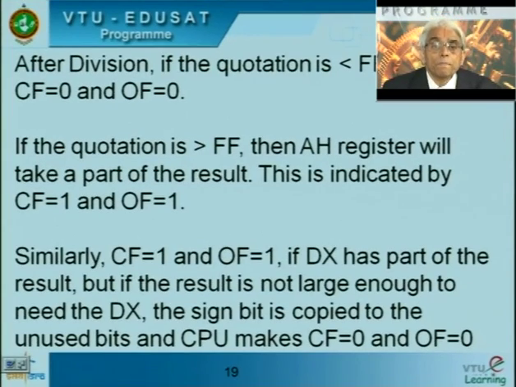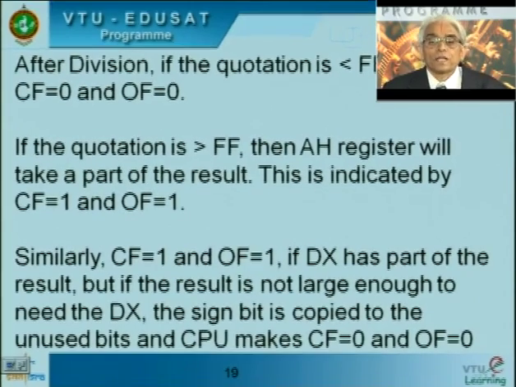This is indicated by the carry flag being 1 and overflow flag being equal to 1. So that means you need to really look into the flags and decide what decision has to be taken with the result whatever has been obtained. Similarly, when carry flag is equal to 1 and overflow flag is equal to 1, DX has part of the result, but if the result is not large enough to need the DX, the sign bit is occupied by the unsigned bits and the CPU makes use of carry flag equal to 0 and overflow flag equal to 0.